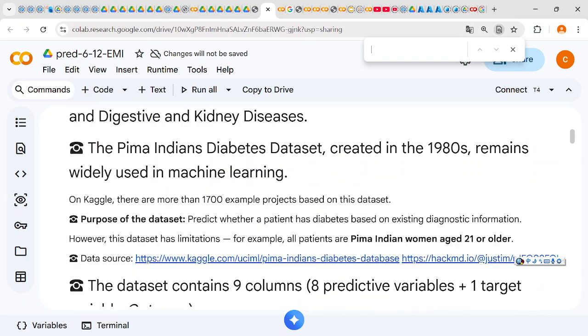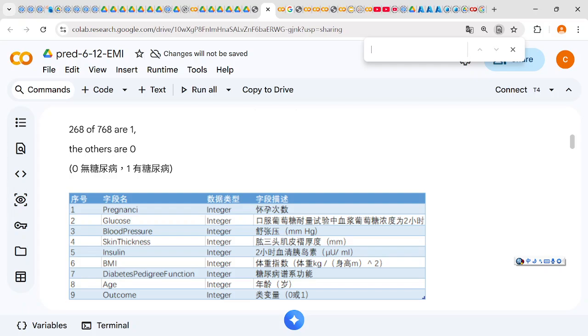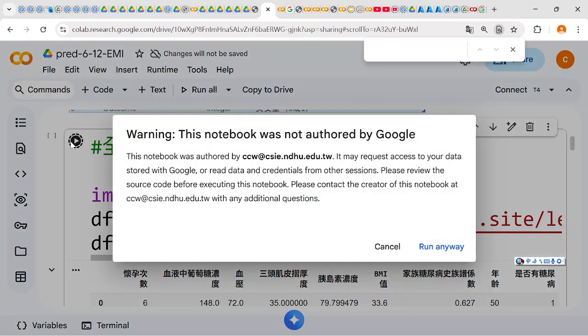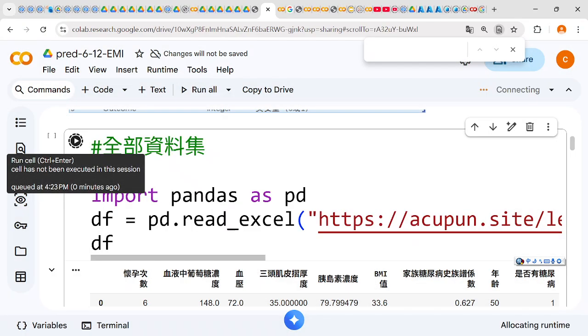So the first thing we should do is import all of the data set.